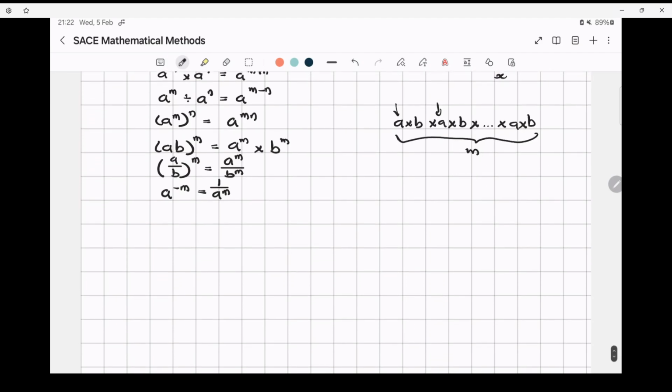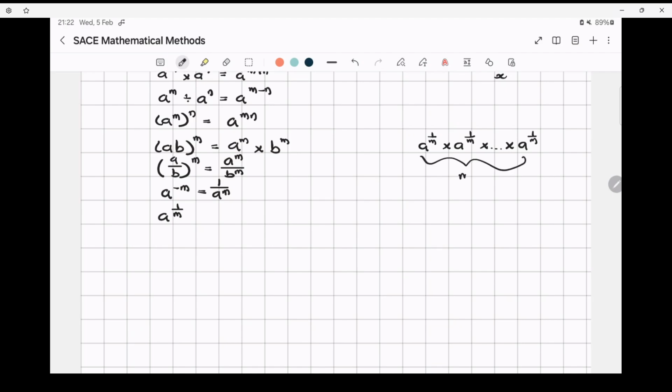So now the next thing that you need to know is what happens if you have a fractional power. So this means that when you multiply all these things m times, you get back a.